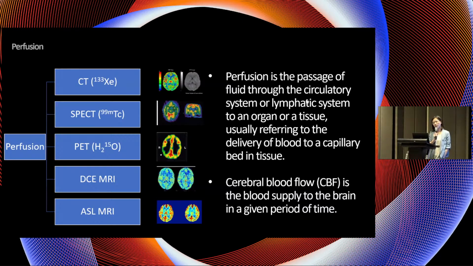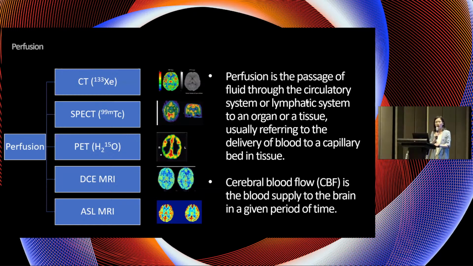For example, we can use CT scan, inhaling xenon 133 scan, and also SPECT with 99mTc-labeled radiopharmaceuticals and O-15 water PET, which is the gold standard for CBF assessment. And we also have methods of MRI, such as dynamic contrast enhanced MRI and ASL MRI.